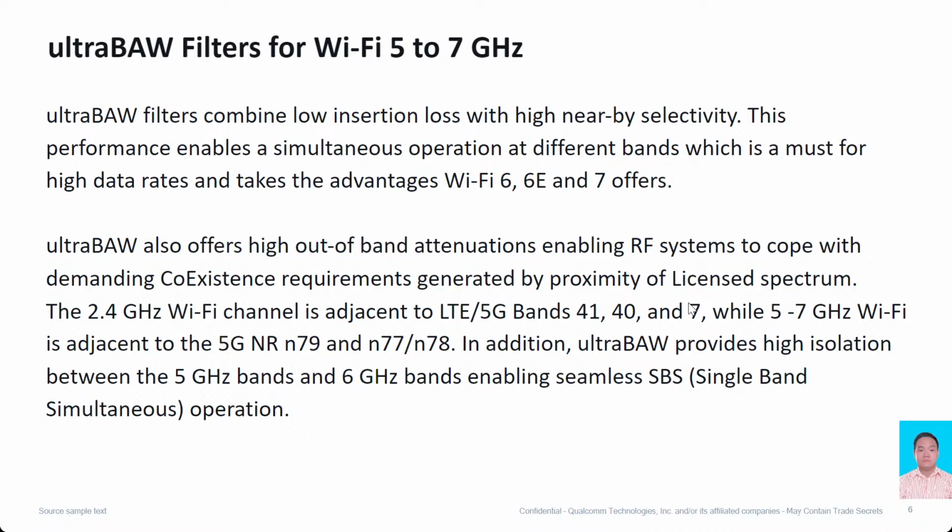I won't go through this again, but basically our ultra-BAW filters offer low insertion loss while offering high nearby selectivity, which is obviously the key for these systems, coexistence between 5 and 6 and so on. I'll get into a little more detail as we move forward.